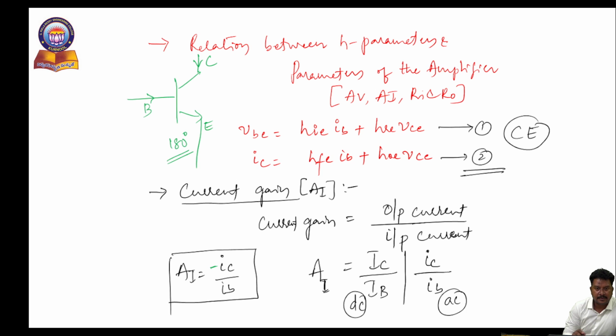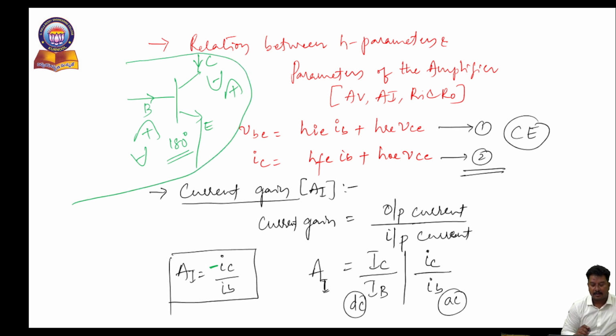Once again, I remind that the input current and output current are in opposite direction. To represent that, we are getting minus IC. If one is a positive phase, the output we are getting as negative. If you apply the negative, the output is positive, a phase shift of 180 degrees we can experience from the internal operation of the transistor operated in common emitter configuration.